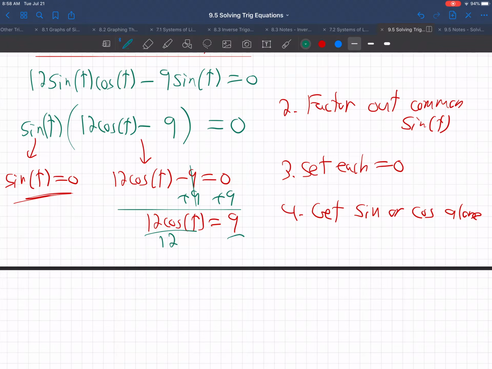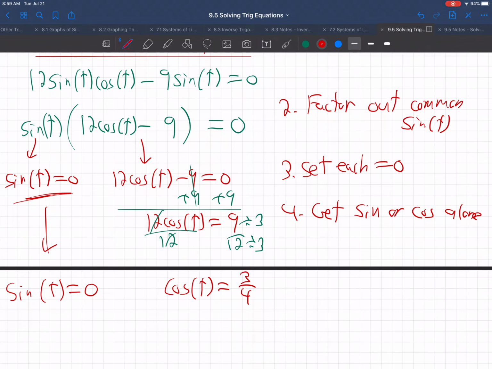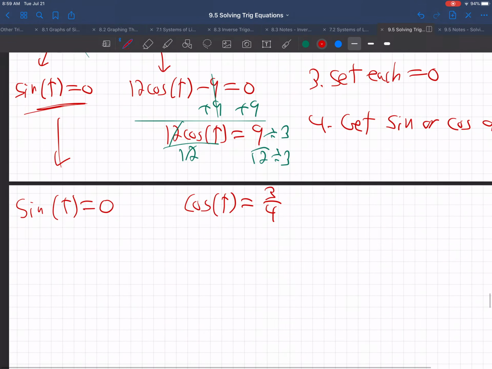Divide by 12. We can reduce that fraction, divide by 3, top and bottom. Cosine t is 3/4. All right, I'll just bring this guy down. So we have sine of t is 0, and cosine of t is 3/4. So now we need to solve it from here.